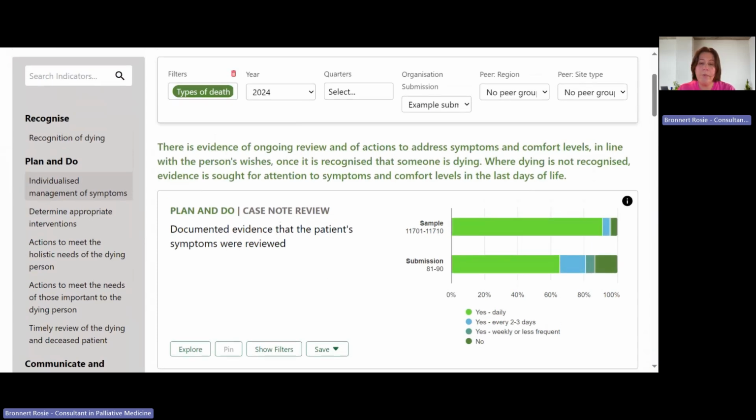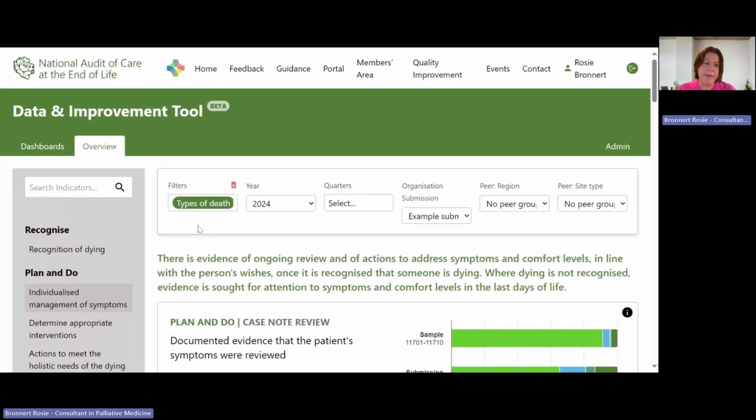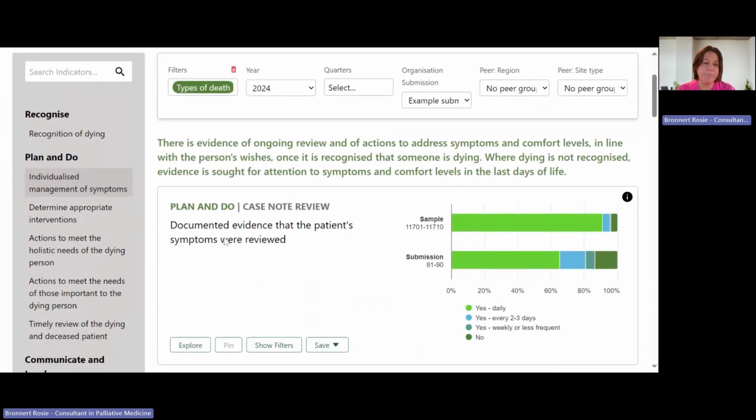And so if I were feeding back to the end of life care lead or anyone else within the organisation, I would say that this example submission's data about recognition of dying suggests that there may be some focus needed to improve the quality of actions and reviews once somebody is recognised as dying, and there is a bigger gap in that than the recognition of dying itself compared to the national average.